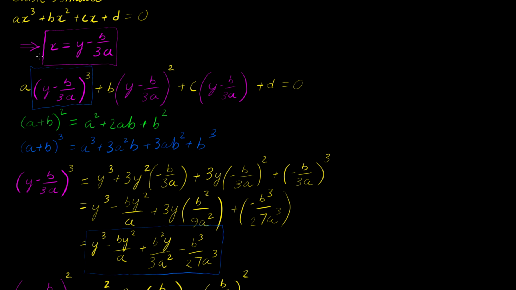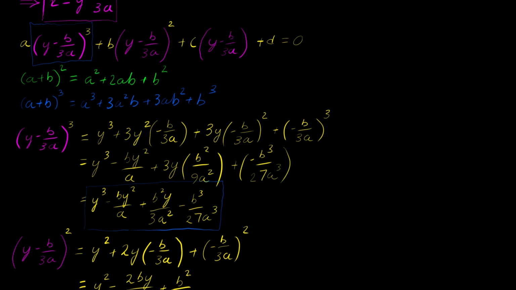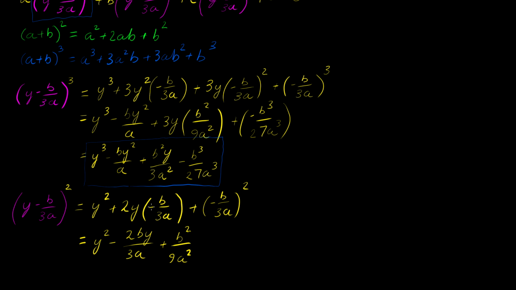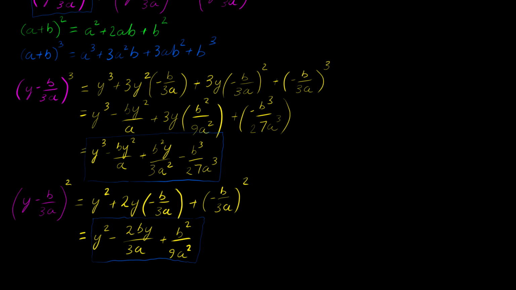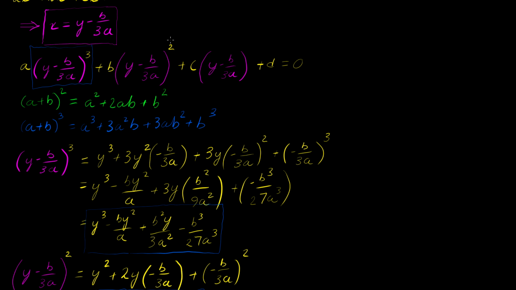And if we look at this lower term down here, this term that I'm highlighting in blue again, this is just the expansion of y minus b over 3a squared. So all we're going to do is replace it. Wherever we see those terms, we're just going to replace them into our original equation, and after we multiply it out, we should see some simplification occurring. So let us go ahead and replace everything.